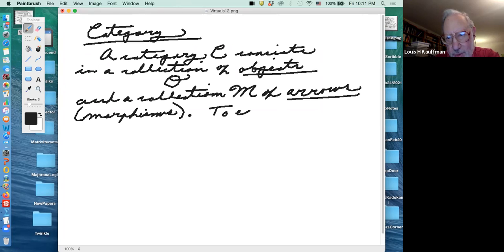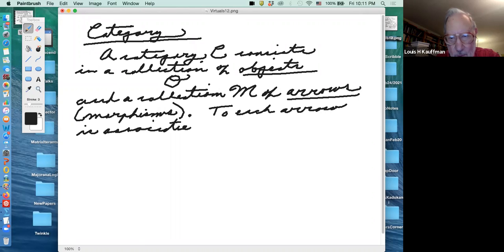To each arrow are associated two objects.